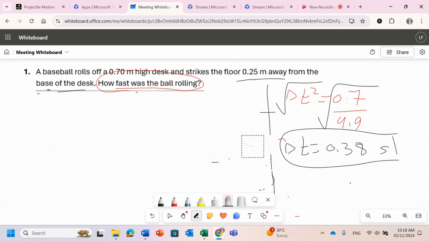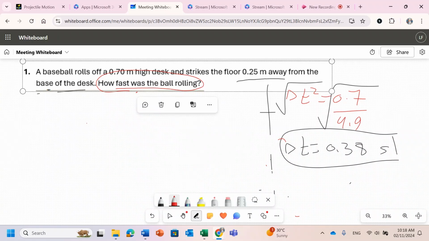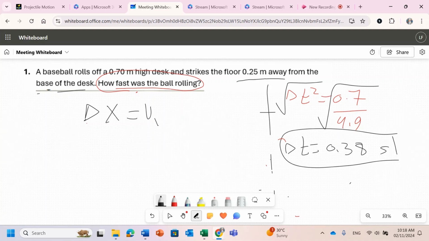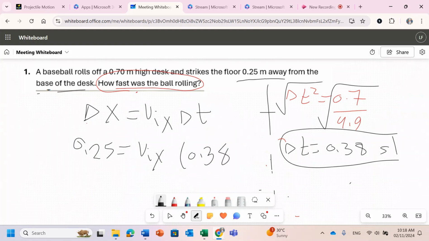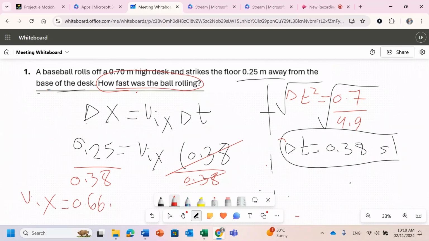In x direction, I have delta x equals v initial x direction times time. Delta x is 0.25 equals v initial x direction times time, here 0.38. I need v initial, so divide both sides by 0.38 and you will get v initial in x direction, 0.66 meter per second.